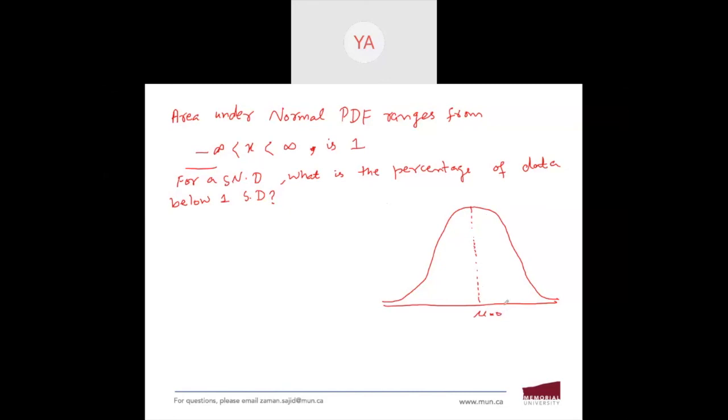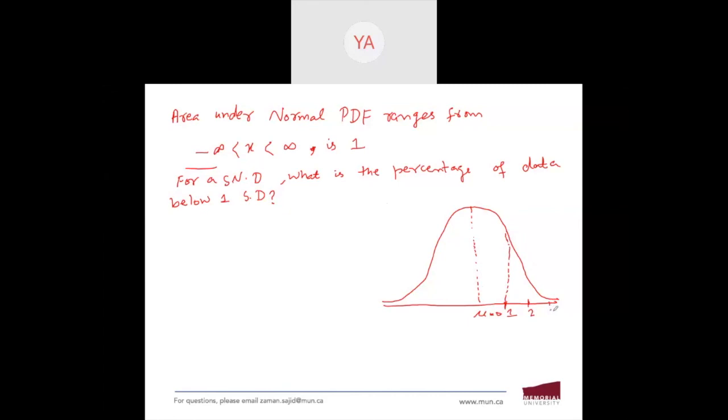Mu plus 1 will be somewhere here, this is my 1 standard deviation, then 2 and 3 standard deviations above the mean.